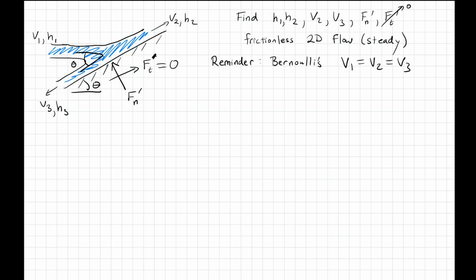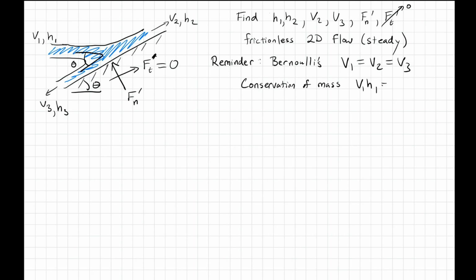And the main reason is because basically the pressure is uniform along those outer streamlines because they're exposed to atmospheric pressure. So the pressure is uniform, and a consequence of that is that Bernoulli says that the velocity is uniform. So when we applied conservation of mass, that implied that the flow rates at each point were the same, right?